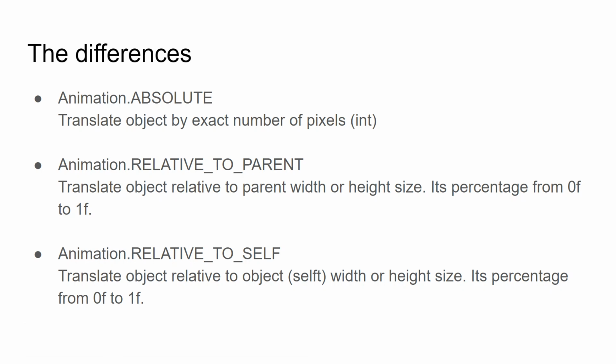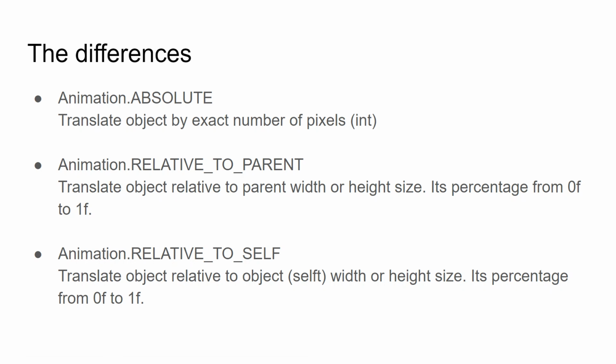dp. And the third positioning type is animation relative to self, which means that the object will move according to its own width or height. Once again, it's a percentage from 0 to 1f.